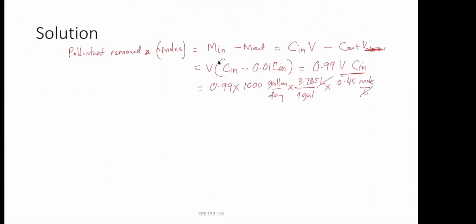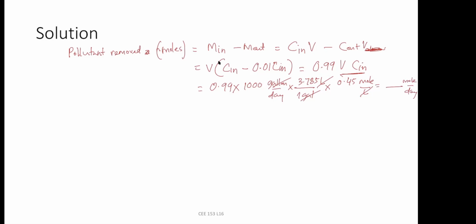So liters cancel, gallons cancel, then you'll get moles per day, the amount of pollutant removed per day. Whatever the units, you just write moles per day. Again, in the exam, if you just do it this way, you get full points. You don't have to really use the calculator to write the whole thing.